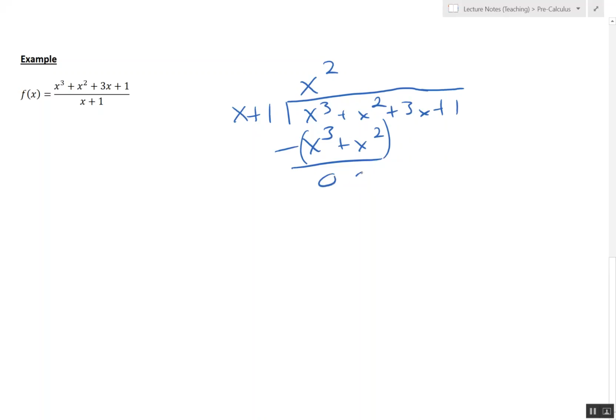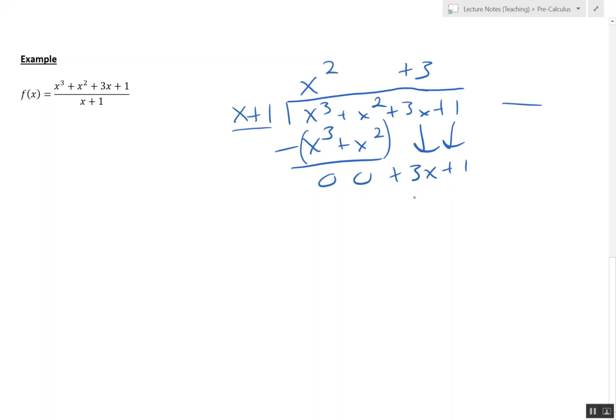We end up with 0 and 0, so the 3x comes down. And we also bring down the 1 here, because since this is a binomial term, we need to have at least 2 terms down here when we are figuring out this problem. So x goes into 3x 3 times.